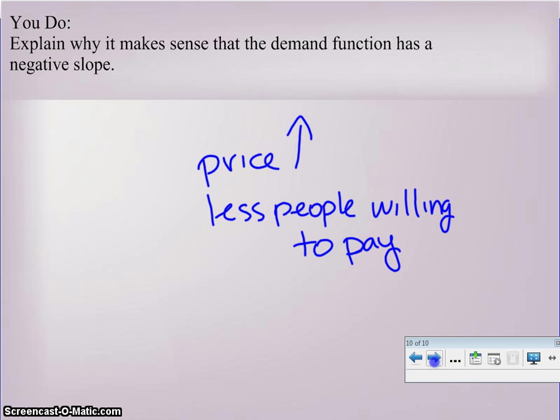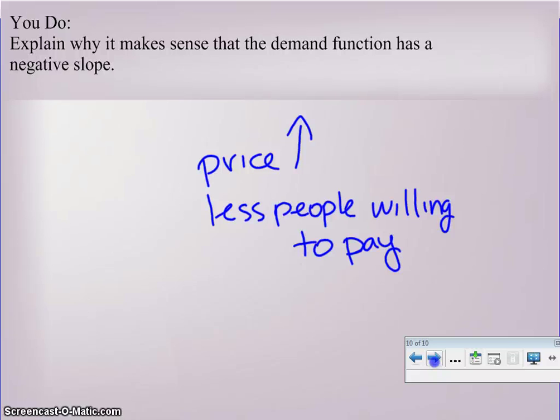If a hamburger is $3, how many are you willing to pay for that? Probably a lot of you were willing to pay $3 for a good burger. That's okay. What about $4? What about $5? What about $15? How many people out there would pay $15 for a hamburger?